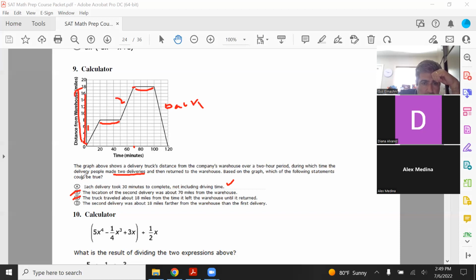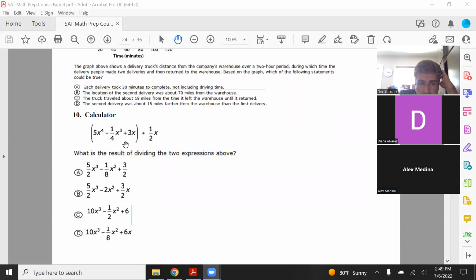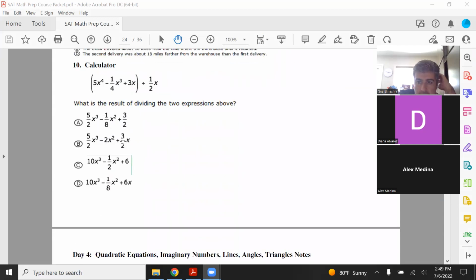The second delivery is about 18 miles farther from the west. No, the first delivery is 8 miles away. The second one's 18. So the second one's 10 miles further than the first one, not 18. So I would definitely go A. It's a little weird because they had to tell you that they do pause to unload. Kind of strange.